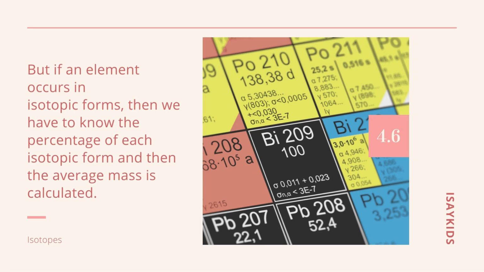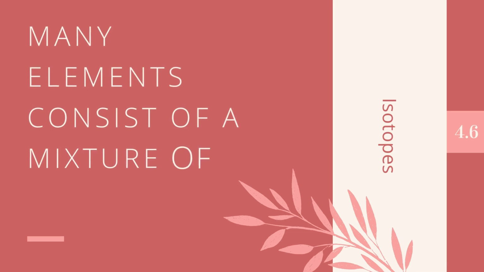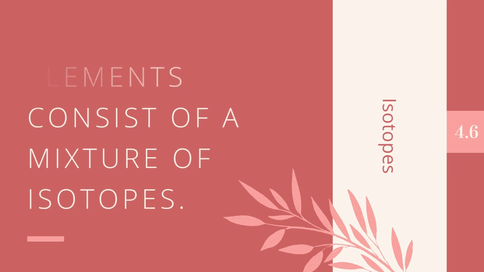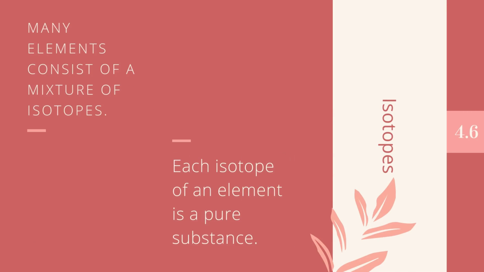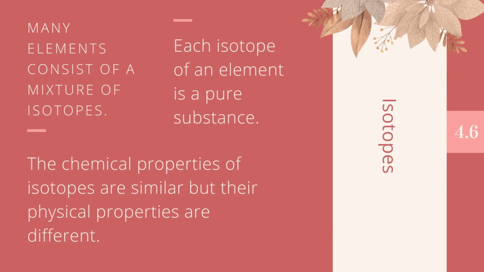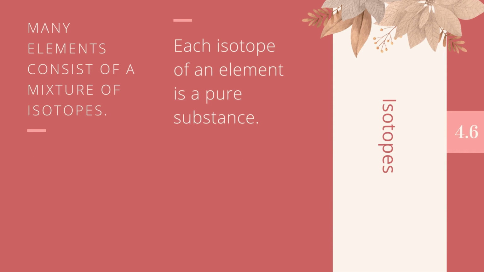But if an element occurs in isotopic forms, then we have to know the percentage of each isotopic form and then the average mass is calculated. Many elements consist of a mixture of isotopes. Each isotope of an element is a pure substance. The chemical properties of isotopes are similar, but their physical properties are different.